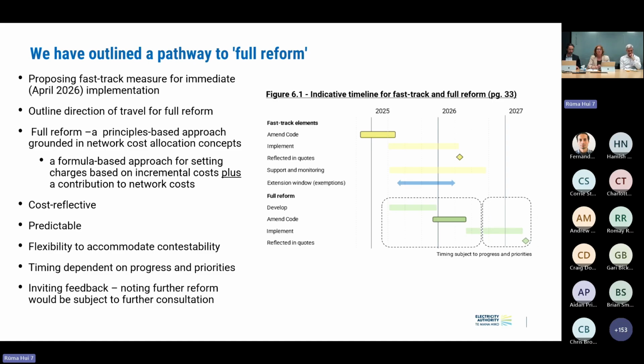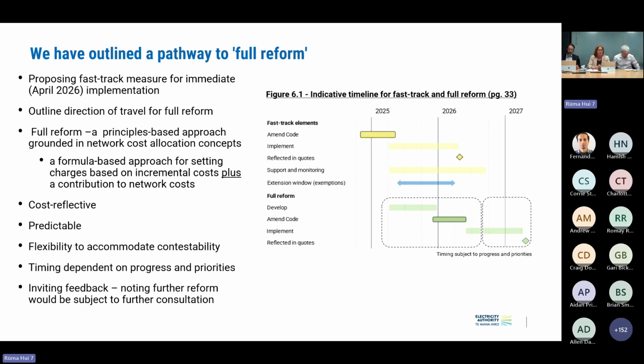The extension window, highlighted in the picture, highlights that there is the provision to apply for an exemption from complying with a code requirement. The consultation paper provides an overview of anticipated features of full reform. The pricing methodologies for connections need to be cost-reflective, predictable and flexible to accommodate contestability where that's appropriate.